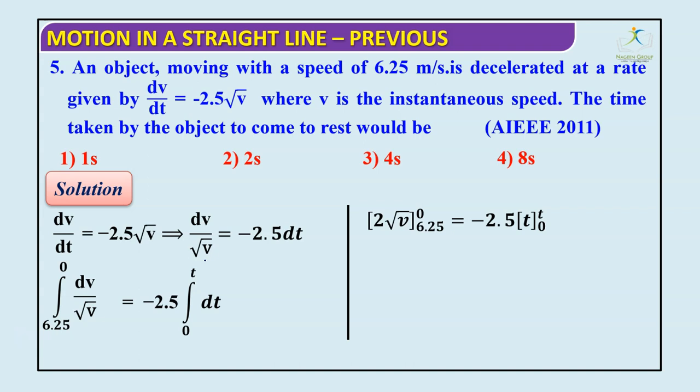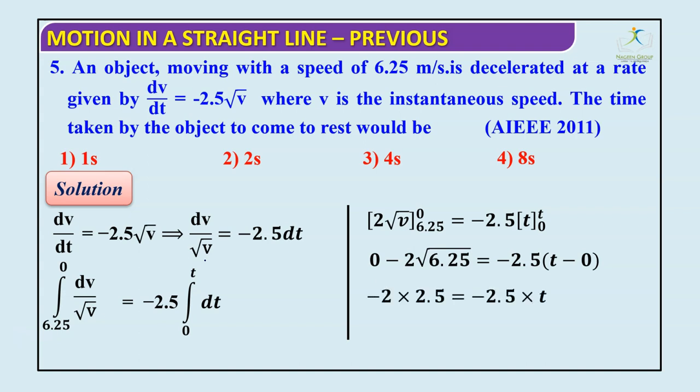After integration, the result comes 2 under root v from 6.25 to 0 equals minus 2.5 from 0 to t. 0 minus 2 under root 6.25 is equal to minus 2.5 t minus 0. After a little bit of solution, it comes minus 2 into 2.5 is equal to minus 2.5 into t, so t is 2. So the correct answer for this question is 2 second. Hence the right option is 2 second.